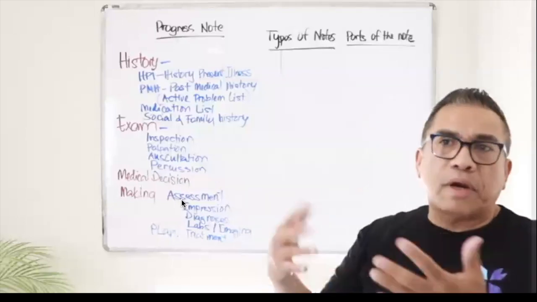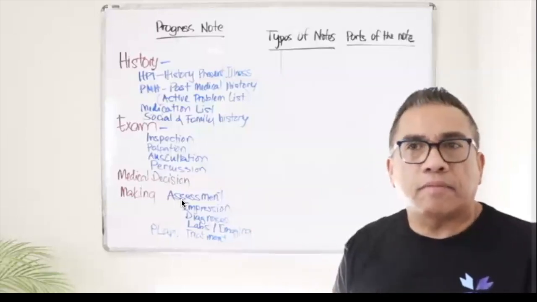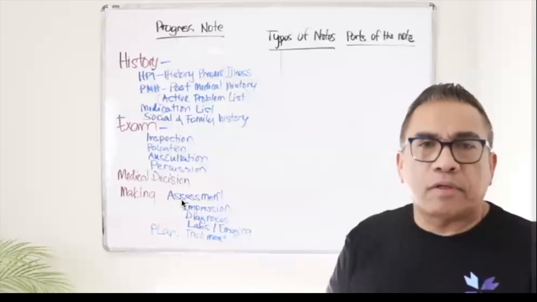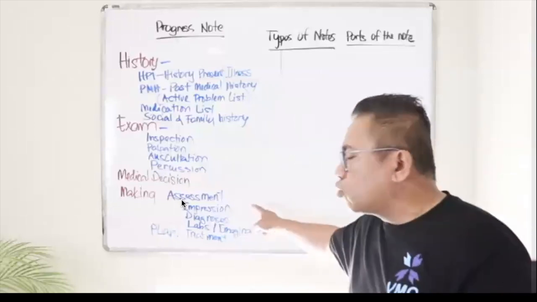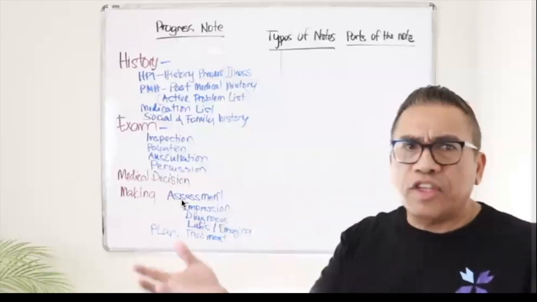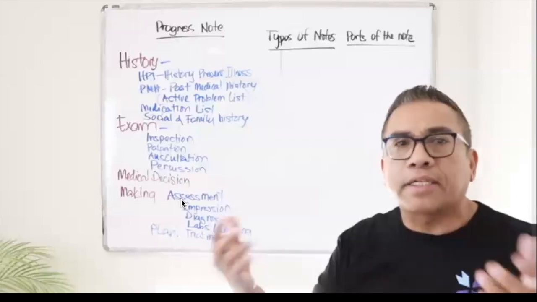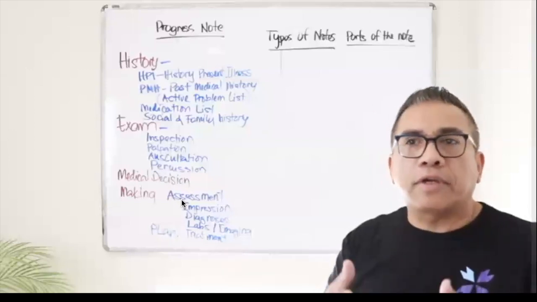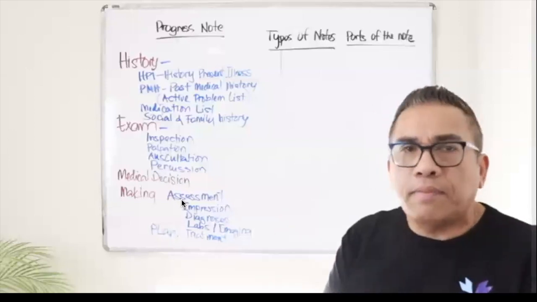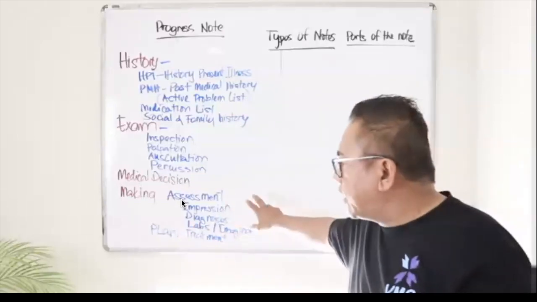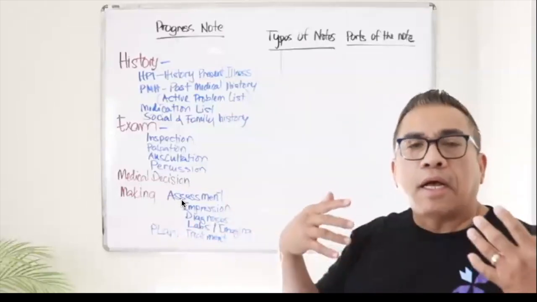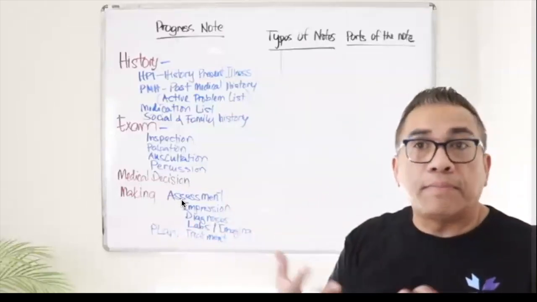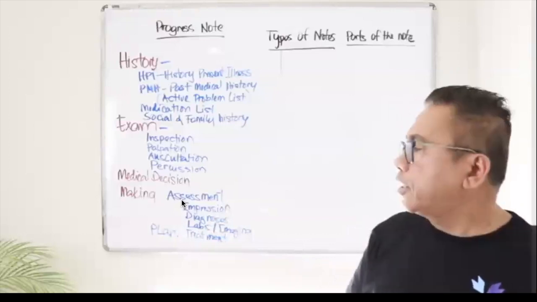If a patient has Parkinson's disease or episodes of convulsion, then the doctor will put seizure, epilepsy, or Parkinson's. If the patient has an alcohol use problem, the doctor will put alcohol use disorder in the assessment, things like those.